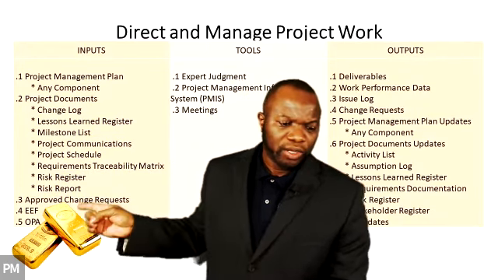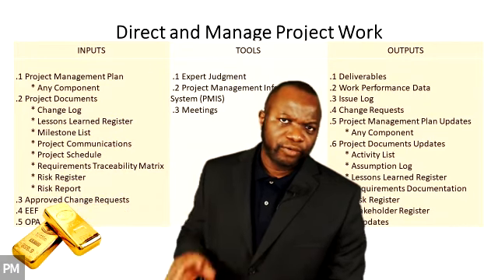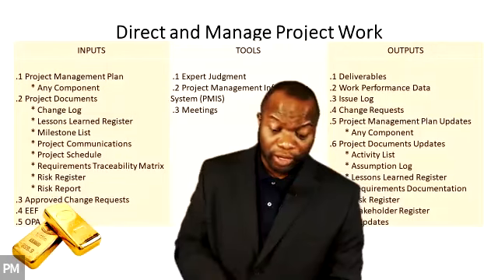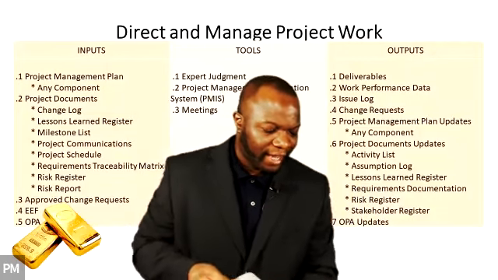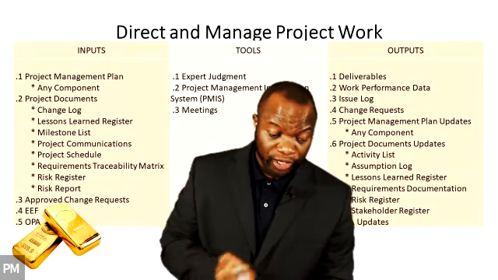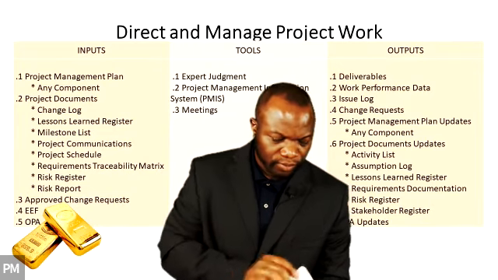Okay? Next one here says approved change requests. So remember, I told you it's a bad boy. Be on the lookout for that. What exactly is an ACR? Let's read. Approved change request.